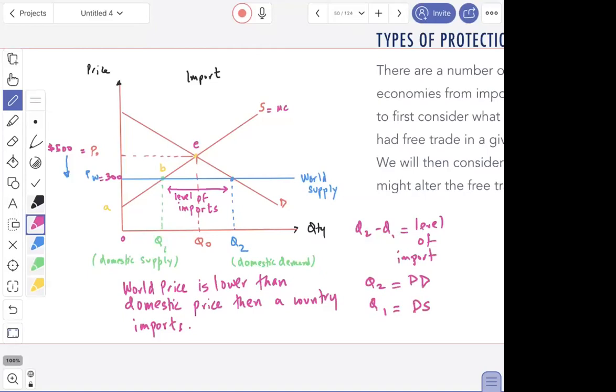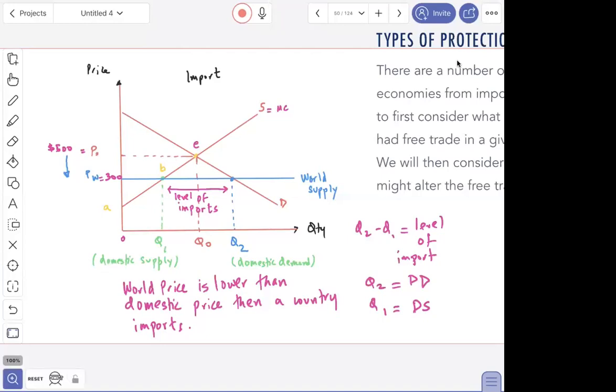So we get this. Does that make sense, guys? Are we good to move on? Do we get this concept? So I'm saying that only those producers who are able to match this price are the ones who are able to sell. Is that okay? Any questions before we move on?